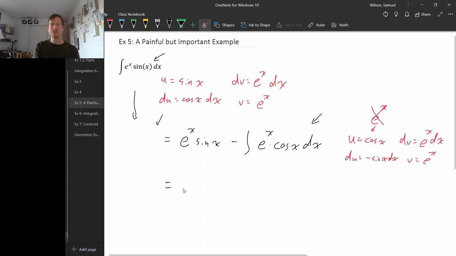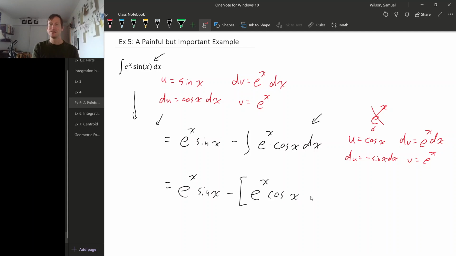So when we do integration by parts, we get e to the x sine x minus, and then let's write out our integration by parts. So u times v, e to the x cosine x, minus the integral of v times du, so don't forget this minus sign right here, minus e to the x sine x dx.